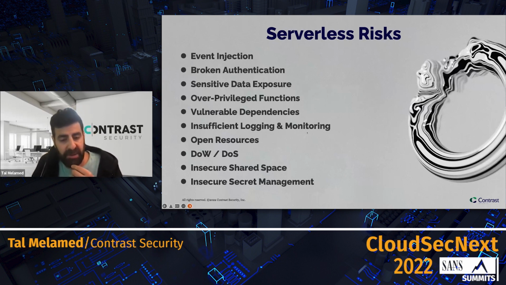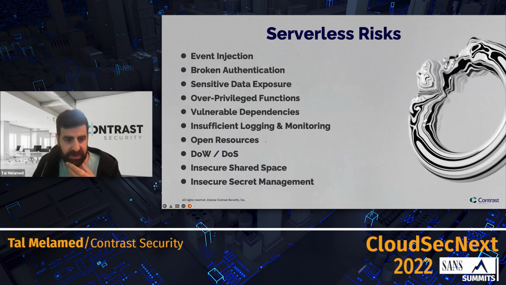In this case, you have to know how to extract them from the cloud provider. We have the overprivileged functions. We talked about the IAM. Open resources are APIs or S3s or SNS or SES that are misconfigured and allow access to external or anonymous requests, anonymous users, and then they lead into the code.